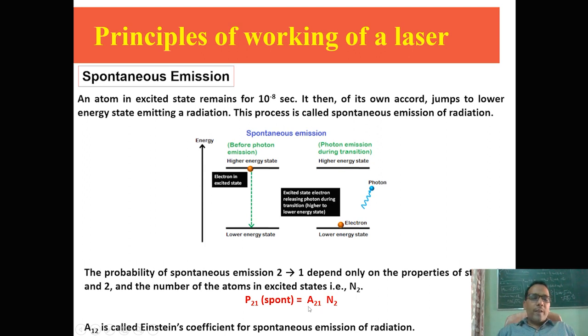Again, this 21 gives the direction of transition, and the physical significance of this Einstein coefficient is that it gives the total probability of transition from the higher energy level to the lower energy level spontaneously.